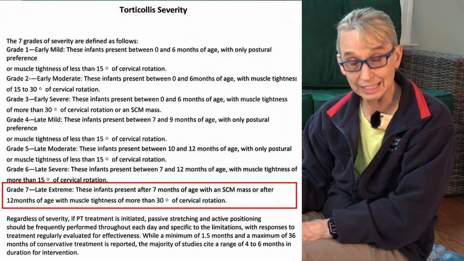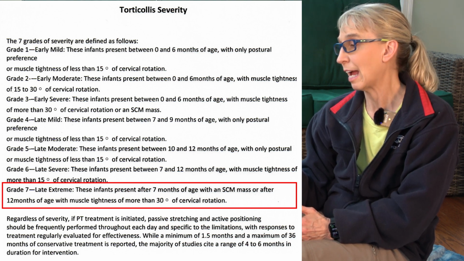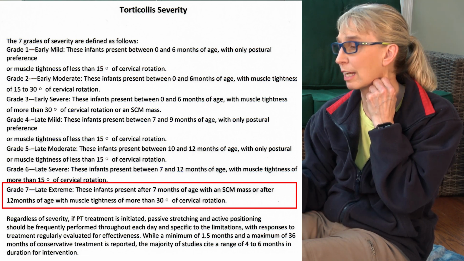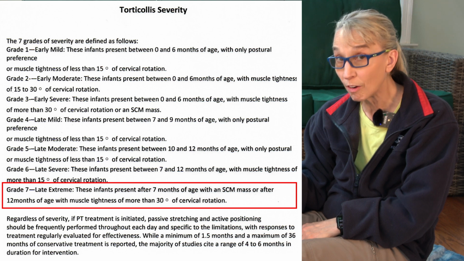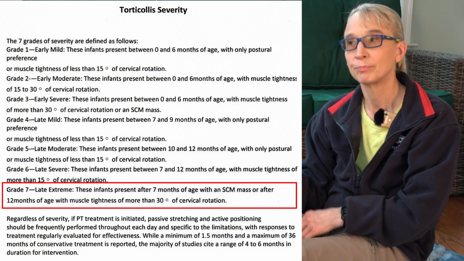And then grade 7 is late extreme, and these children present after 7 months of age and have a mass in their sternocleidomastoid, or after 12 months of age and have muscle tightness more than 30 degrees.